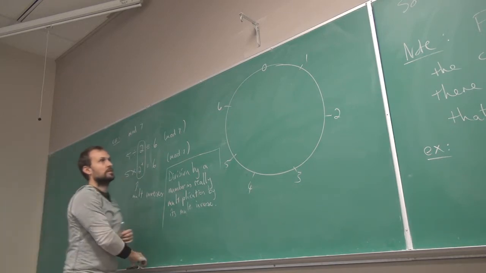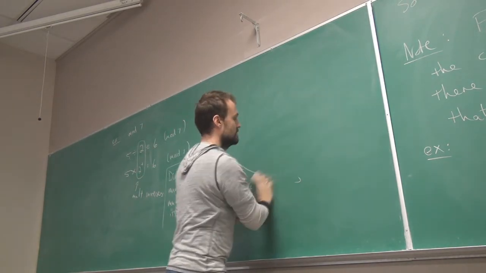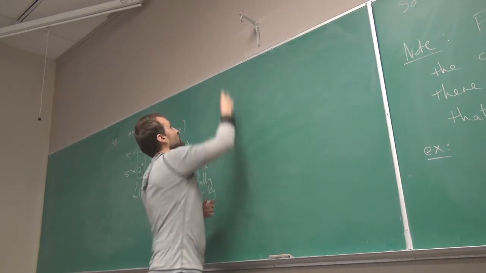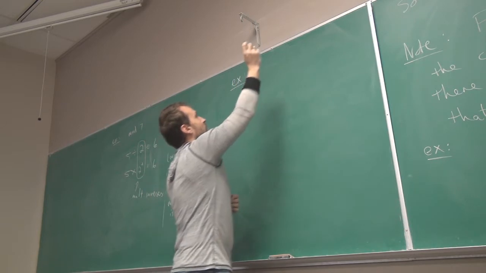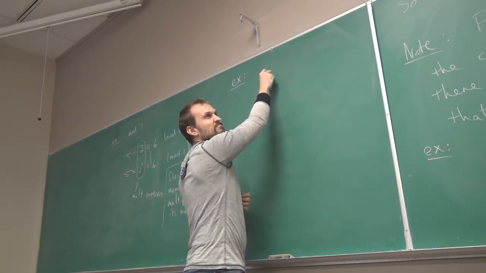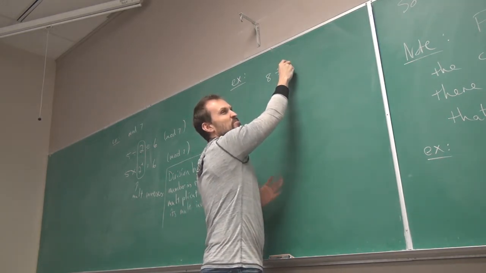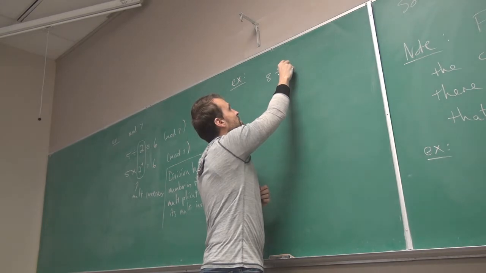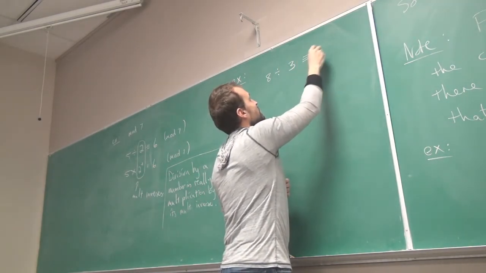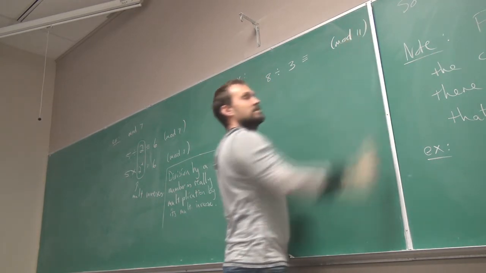Let's do another completely random example. Give me a random number. 8, divided by another random number, small, let's go small. 3, and let's go mod 11, why not?